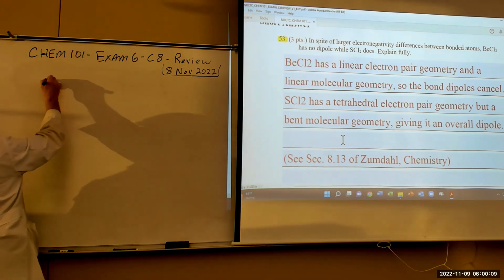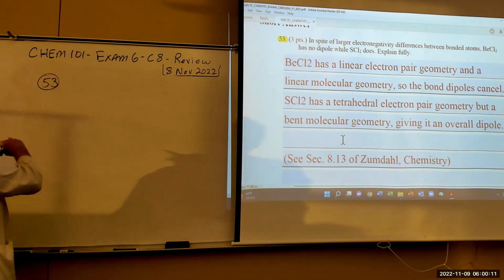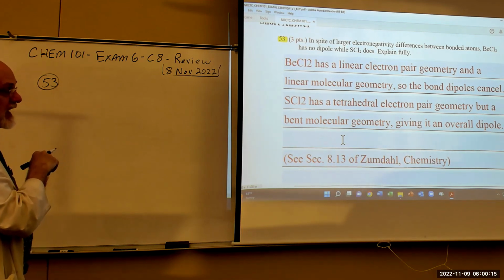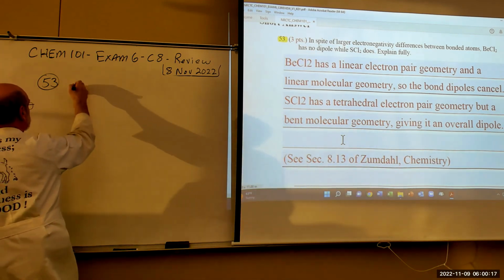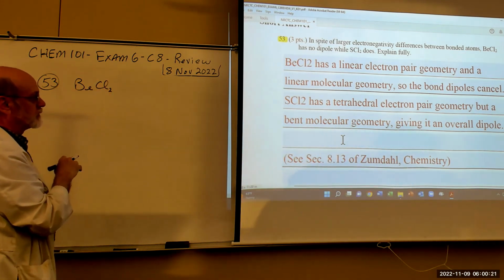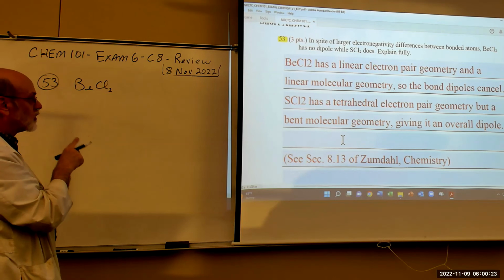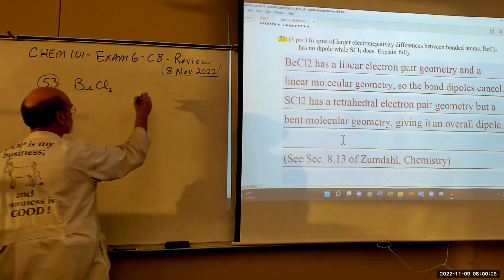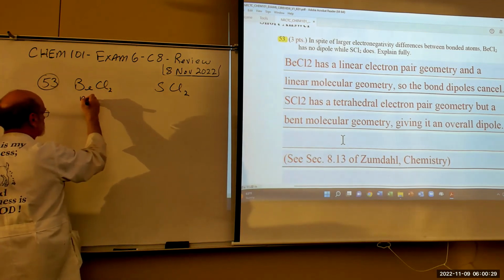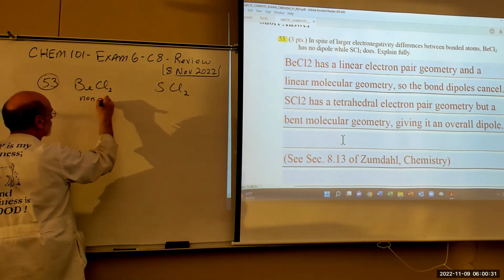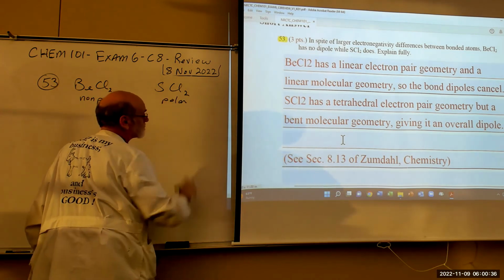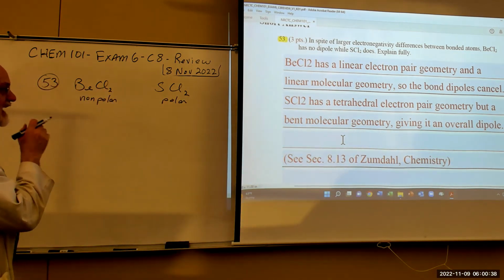Explain. In spite of the large electronegativity differences between bonded atoms, beryllium and chlorine, in this molecule, large electronegativity difference, it has no dipole. While this one, this is nonpolar. This one is polar. All right. Explain.